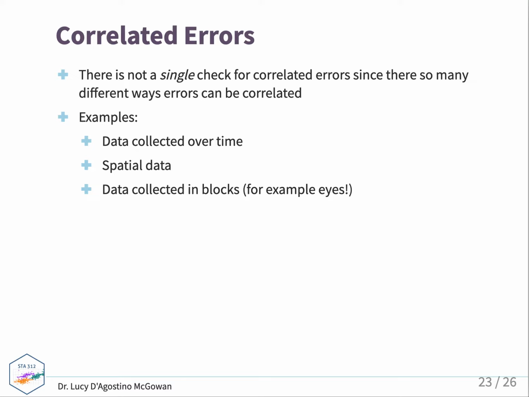In general, this is not always true, but you would expect that the treatment in the right eye would be similar to the treatment in the left eye, the way it behaves within each individual. So you'd expect some correlation between the two eyes for a single individual. If you don't account for that, you'll end up getting the wrong confidence intervals. That's just a common example of another type of correlated error.